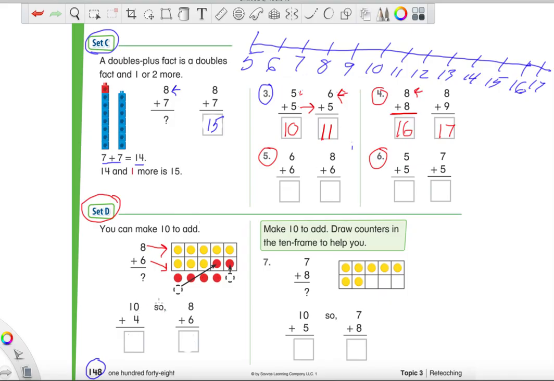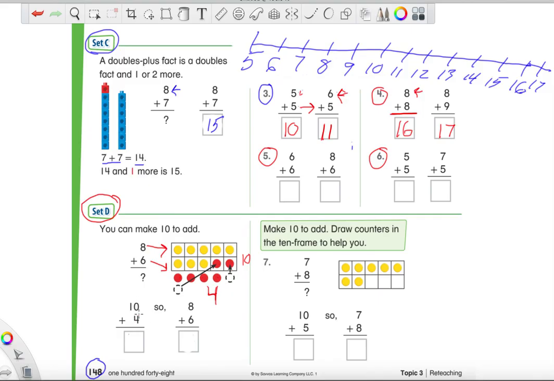And then we can kind of make a whole different addition number sentence using these new numbers, because we just took the same numbers but made it look different. That's all we're doing. So we can see here that the 10 frame is filled, so we have 10, right? Then underneath we have 1, 2, 3, 4 red circles, which is where they came up with 10 plus 4. We're still using the same number of dots for 10 plus 4 and 8 plus 6. It just looks different.